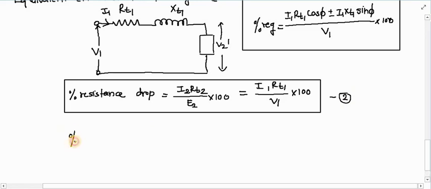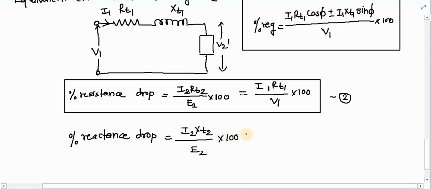Equation 3 I will write down for the percentage reactance drop. The percentage reactance drop for the approximate equivalent circuit referred to secondary side is I2 XT2 upon E2 into 100, and for the equivalent circuit referred to the primary side it is expressed as I1 XT1 upon V1 into 100.